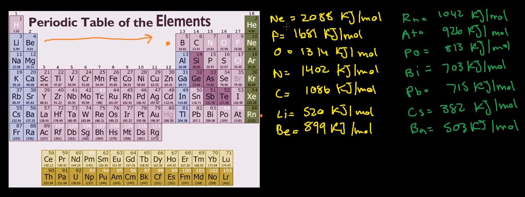Because it has the most stable configuration, it's difficult to remove electrons because the electrons are so stable. And lithium, on the other end, is one electron above a stable noble gas configuration of helium. So it is very easy for it to lose that electron, because if it loses that electron, then it gains a stable electron configuration.